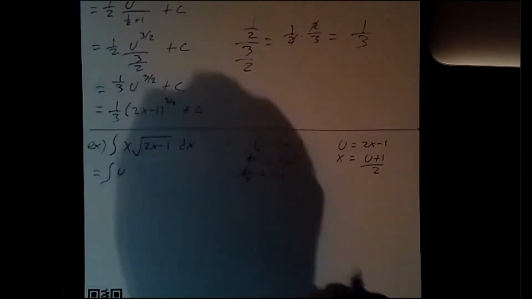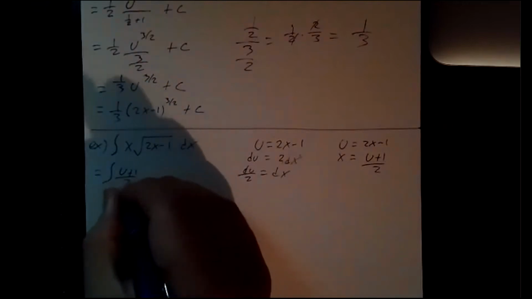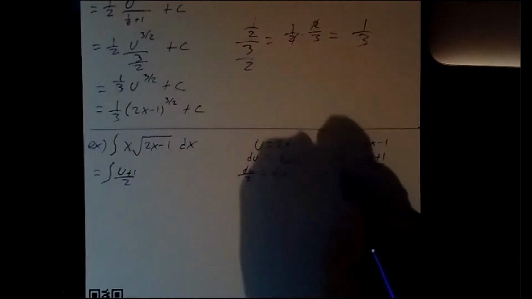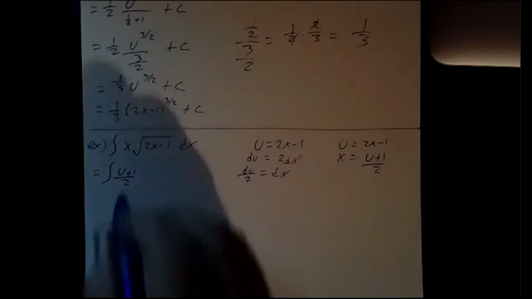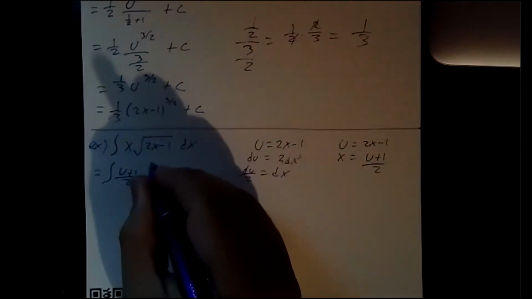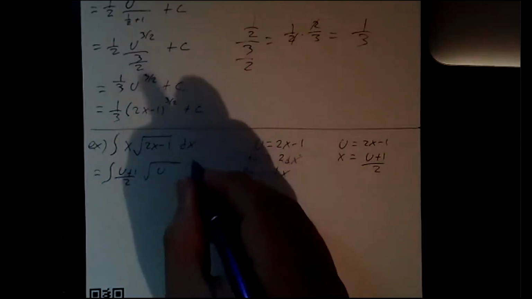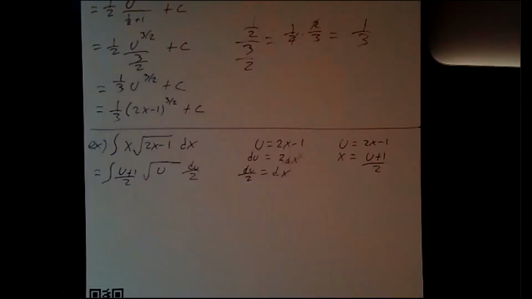So x is equal to u plus 1 over 2, right? So I replace this guy with this, times square root of u, times dx, which is du over 2. So it's all replaced.